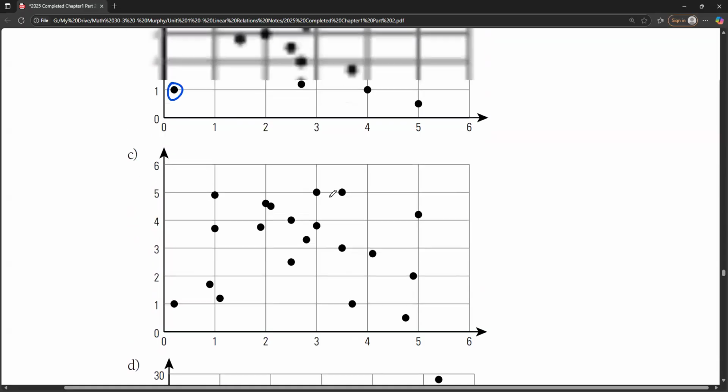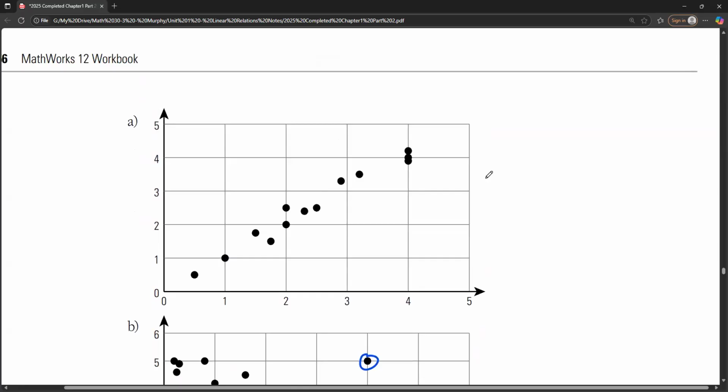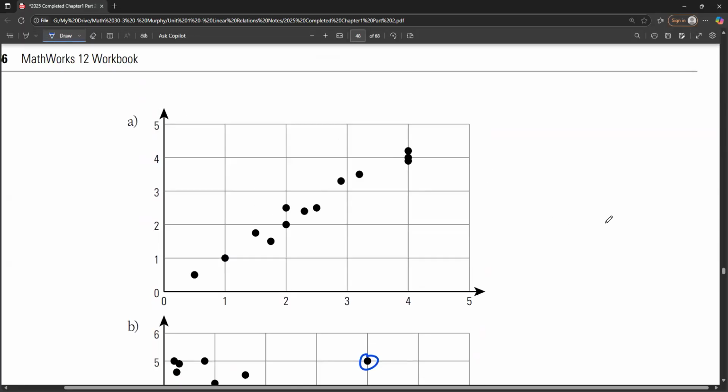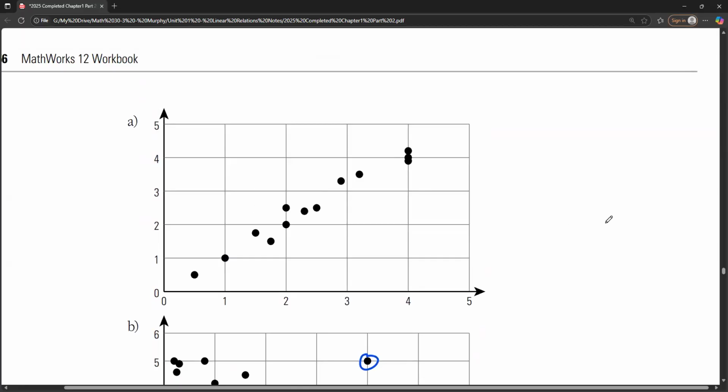For A, I'll read it out while keeping the graph on the screen. The data points seem to form a straight line, so the graph shows a direct linear relation. If we were to draw a line of best fit, I would say it's something like that.